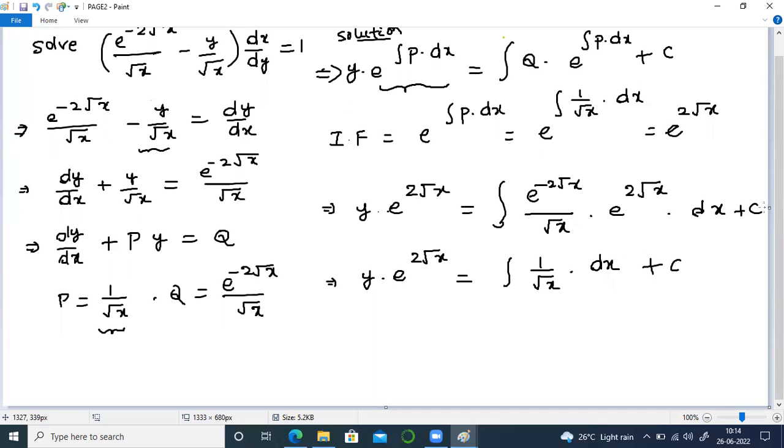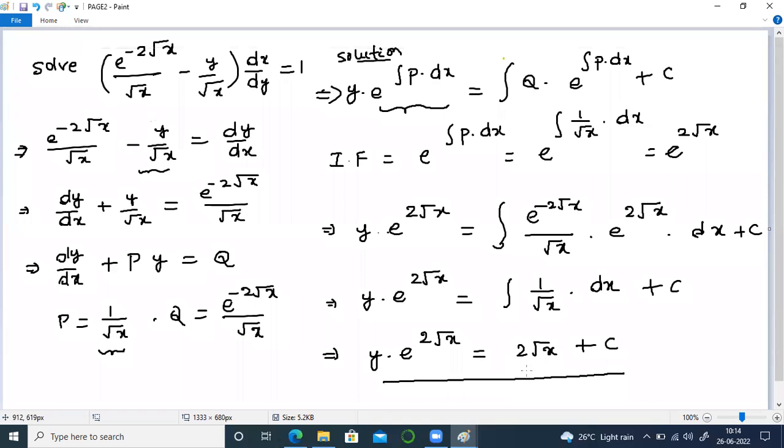It is an arbitrary constant, I said. So y into e power 2 root x is equal to, the integration of 1 over root x we just saw is 2 root x, plus a constant. This is the final solution of the given differential equation.